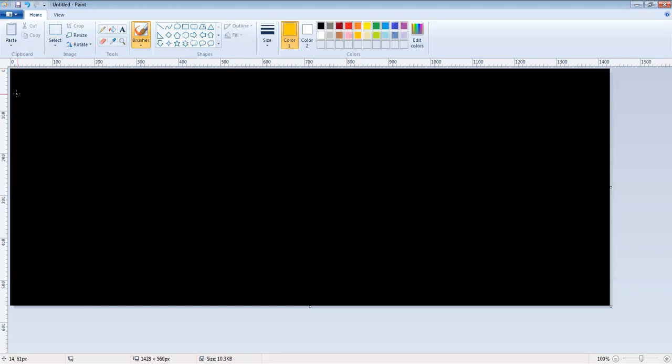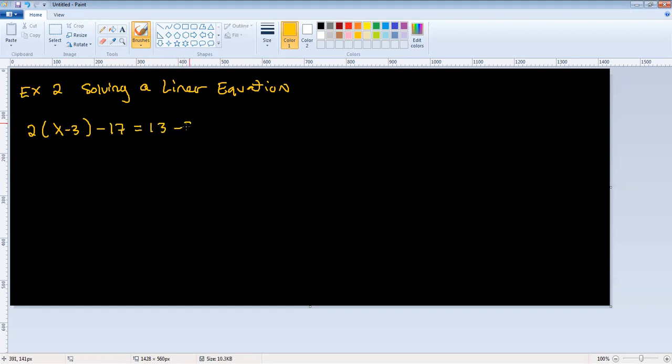Okay, so here we go. We have example 2. Solving a linear equation. Okay, so how do we solve this thing? So let's say we did something like this. Okay, so how do we solve it?